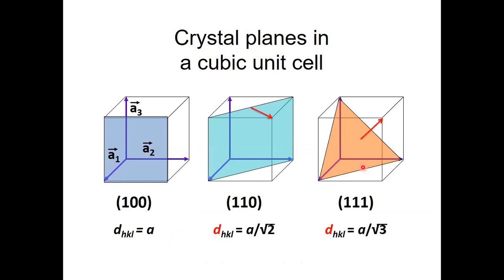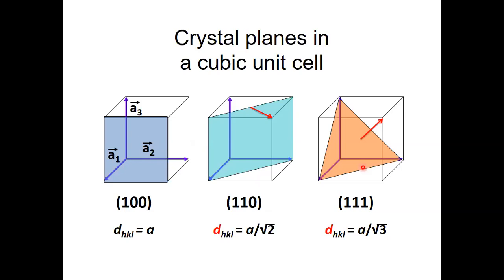All right. So now different families of lattice planes are associated with different interplanar distances, and there's a geometric relationship between these. There's in fact a geometric relationship between the interplanar distances and the lattice parameters, and we can use this relationship in order to determine lattice parameters from diffraction patterns.